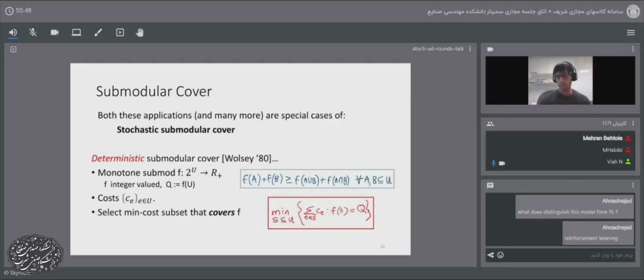So the results we'll talk about will be focused on this particular setting of submodular cover and not general reinforcement learning. But the fact that you have adaptive solutions and you sequentially observe outcomes, that is something that is similar in both the settings. Does that answer your question?